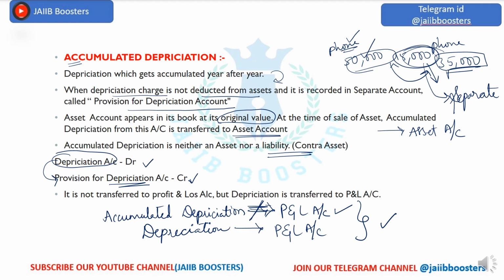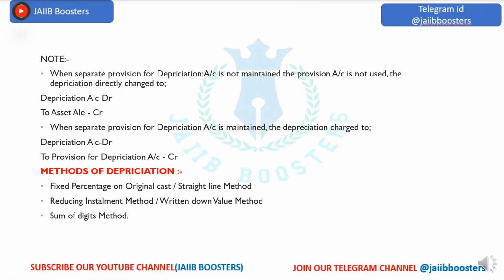Next, when a separate provision for depreciation account is maintained, we move the depreciation without deducting it from assets, into that separate account. When the provision account is not maintained, the depreciation is charged directly to the asset account.